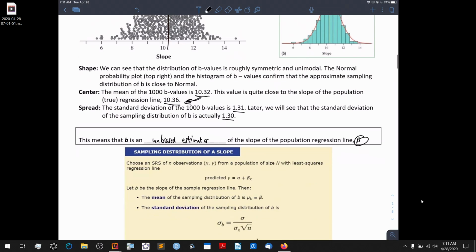All right. So, in other words, we spoke about all this stuff just so that we can say, if I take a good random sample from a population, and I calculate the regression line, and I find the slope of the sample regression line, since that slope is an unbiased estimator of the population regression line slope, I know I can trust it, and so it's an accurate estimate.